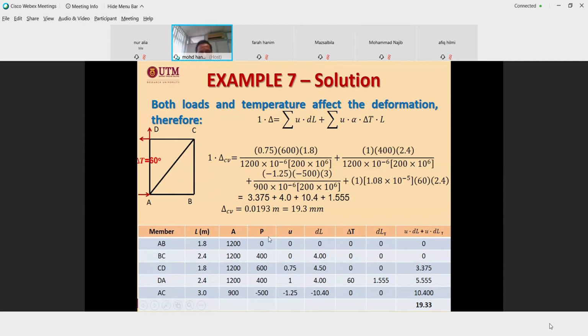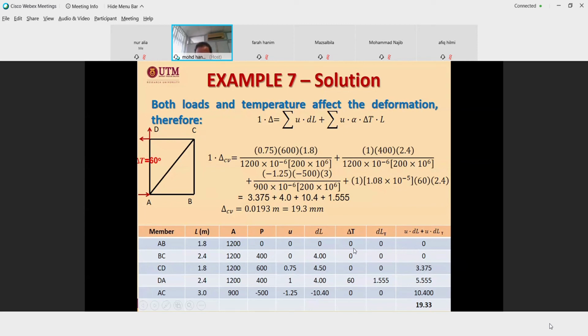P is due to real load, U is due to unit load. AB and BC equal to 0, 0, 0. AB due to external load equal to 0.